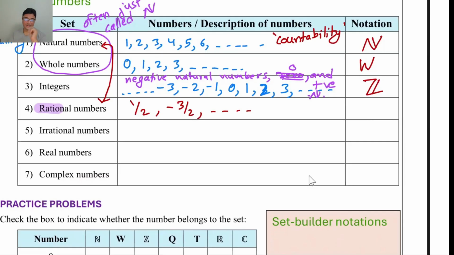That is important. Positive or negative natural numbers, integers in general. So it's not like you can do 1 over root 2. 1 over square root of 2 is not a rational number. Okay, 1 over 2 is a rational number. And the notation for rational numbers is Q.